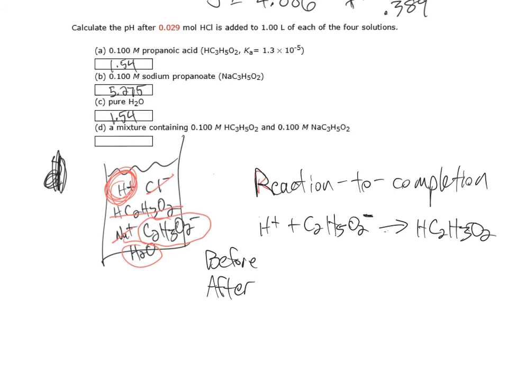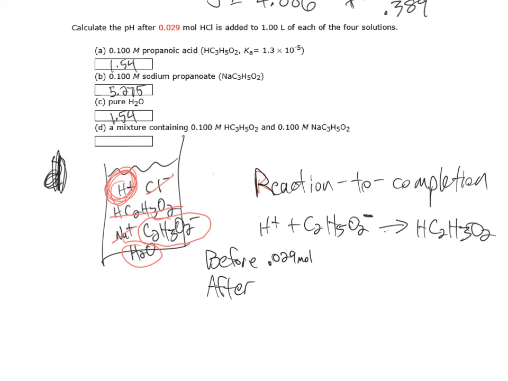So we'll read the problem carefully to see what those numbers of moles are. They gave us up at the top that the number of moles of hydrogen ion dropped into solution is 0.029. They tell us in part D that we have a 0.1 molar concentration of propanoic acid in a 1 liter solution.